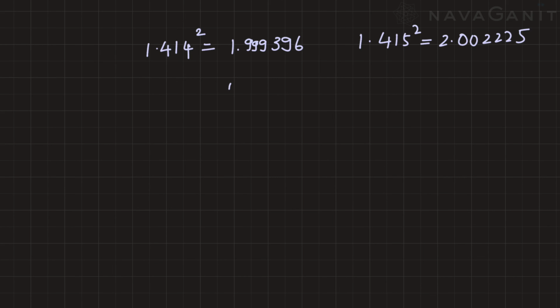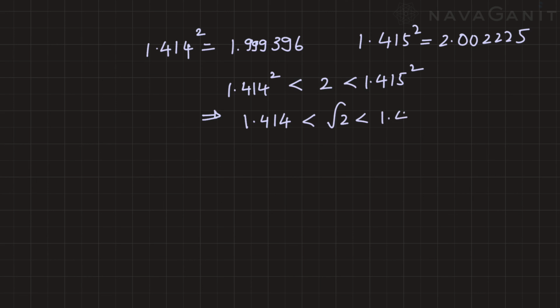So now 1.414 squared is lesser than 2, which is lesser than 1.415 squared. So this implies that 1.414 is less than square root of 2, which is less than 1.415. So now I am able to narrow the value of root 2 further, saying that it lies between 1.414 and 1.415.